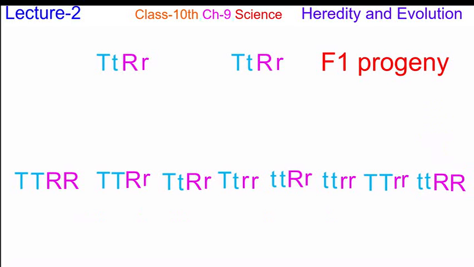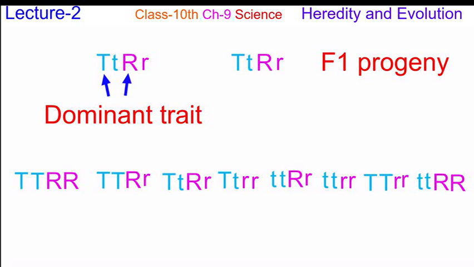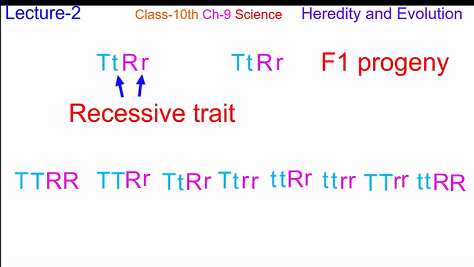It means the progeny inherits round and wrinkled, tall and short traits independently from both the parents, but only the dominant trait is expressed and not the recessive one out of the two copies.